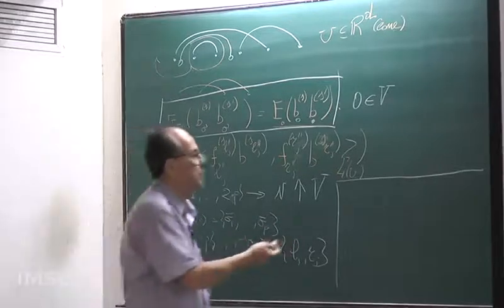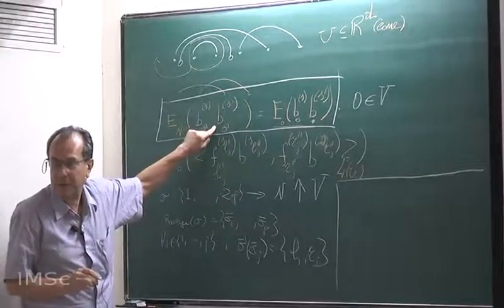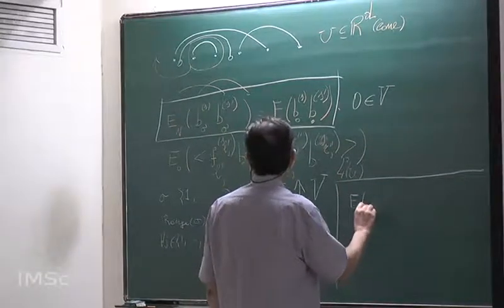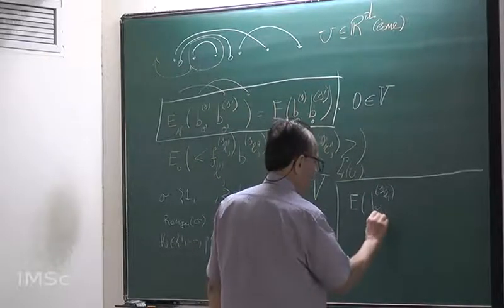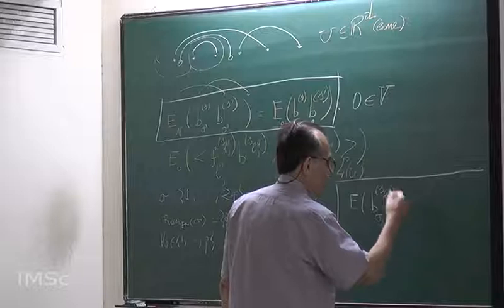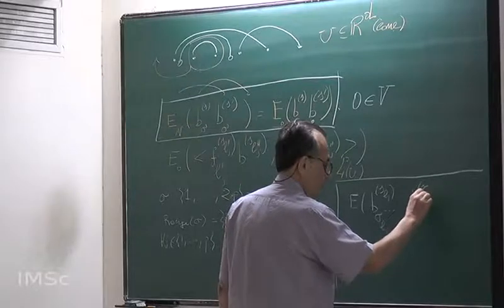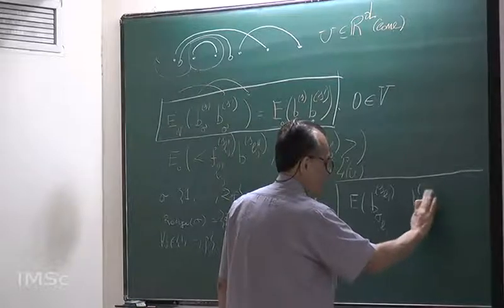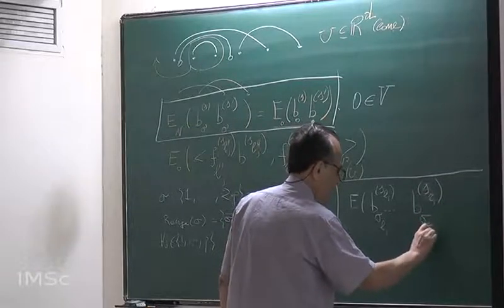The general assumption is the generalization of this to arbitrary pair partition, totally crossing. So if I have a totally crossing pair partition, E of B S L1 of sigma L1, and then it will be something, and there will be the corresponding right of the pair partitions, S R1, and here sigma R1.